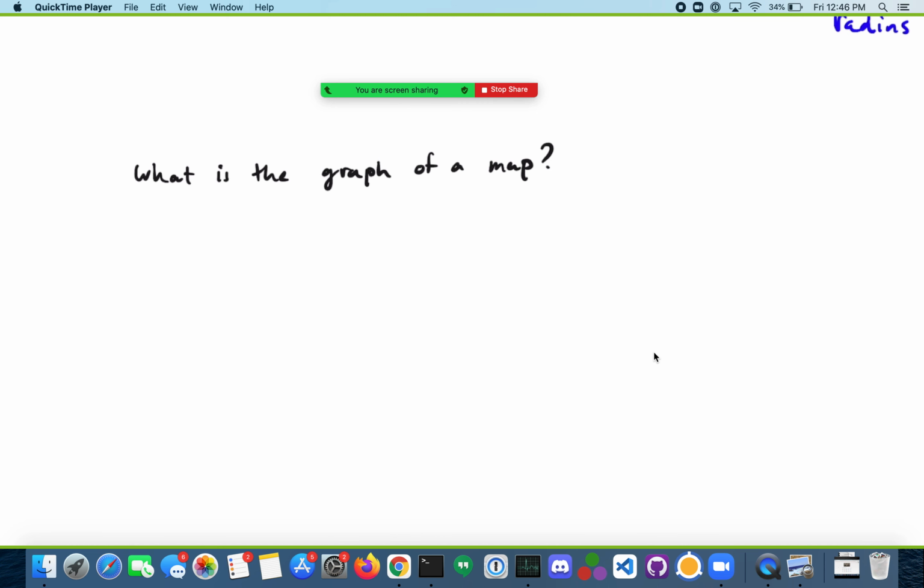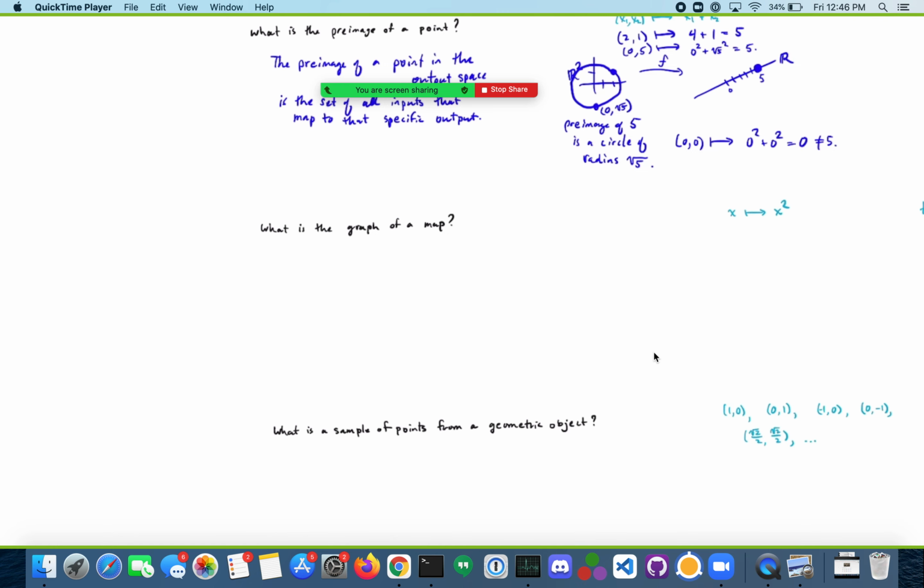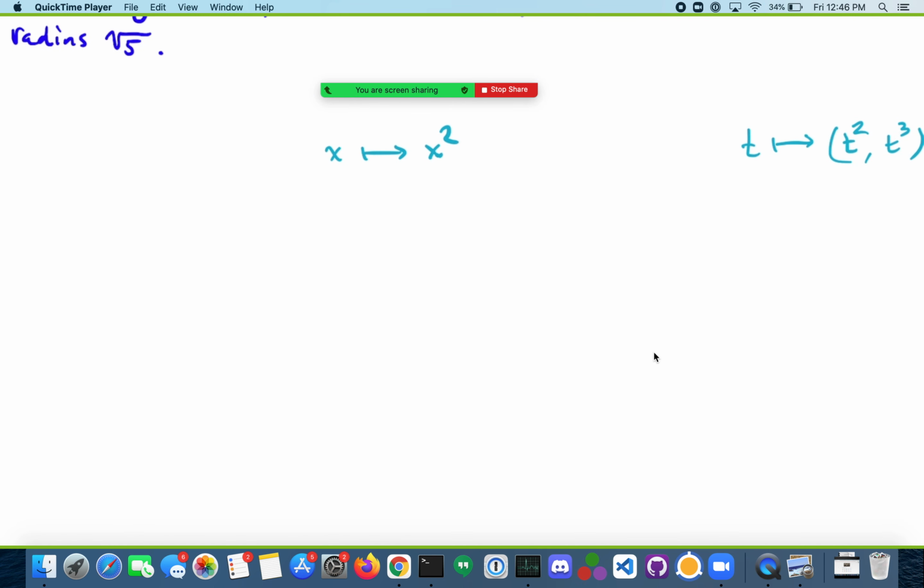Next, what is the graph of a map? Okay, so let's do an example. This is a map from R to R, and let's call it F. And so the graph of a map takes place in a bigger space.